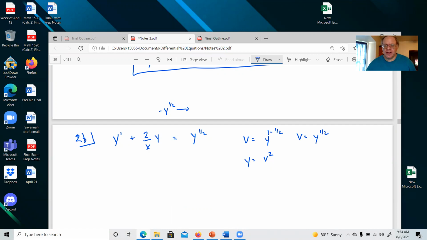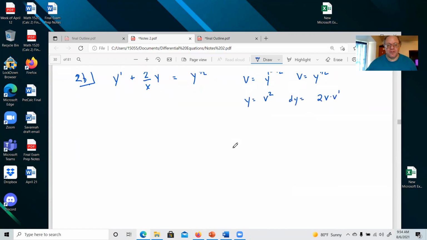That's good to know. And we know that dy is equal to 2v times v tick, chain rule. So I think we're ready to do substitutions here, because we have y to the 1/2 is equal to v, and y is equal to v squared. We have all of our little substitutions in place. So here we go.